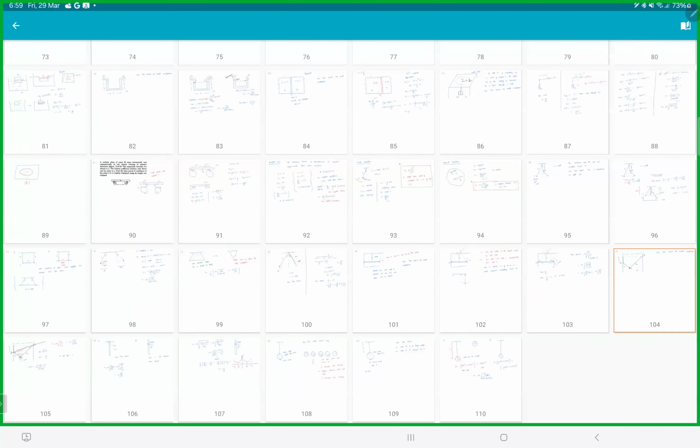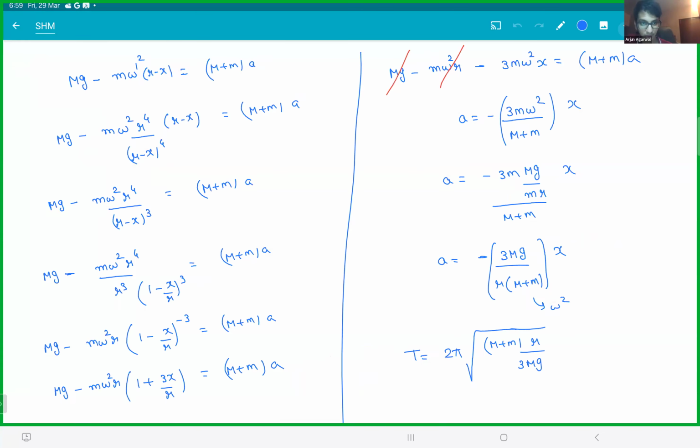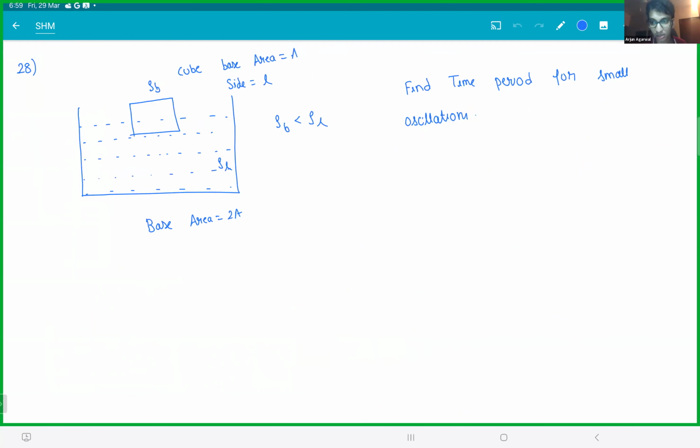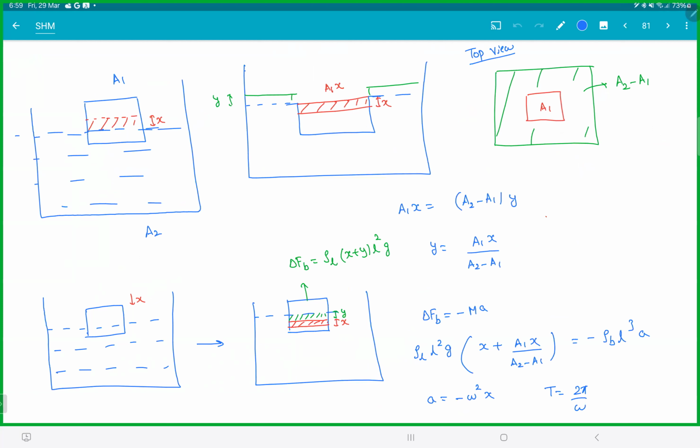28. Yeah, it was covered last class. You didn't need to give us both L square and A1, right? In the question, you gave us both L, the side of the cube, and the area of cross section. You only needed one of them. Yes, you don't actually need it because in the answer it will cancel anyway. And in the end I wanted to show with A1 and A2, in that other one, the theta1, theta2 one.